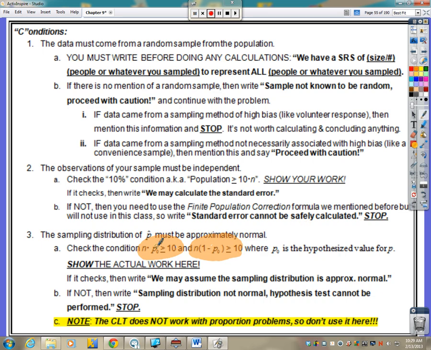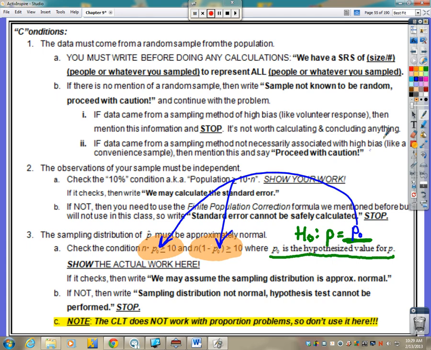The p hat is really the p sub naught, which is the value that we're going to get from our null hypothesis. That p is really equal to whatever that number is, that is our p sub naught. And that's the number you're going to plug into your formula to determine whether the sampling distribution can be assumed to be approximately normal.